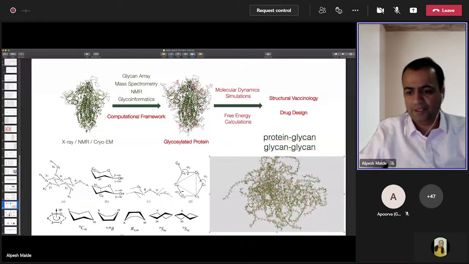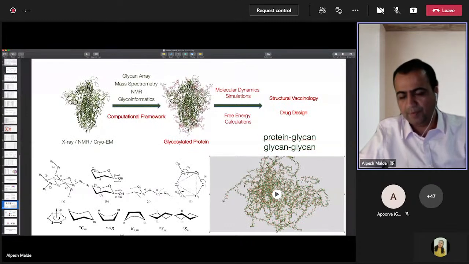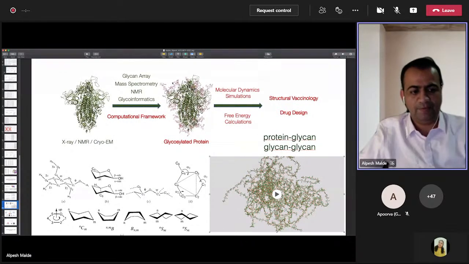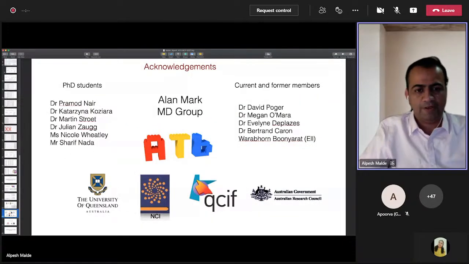And this is how the sugars would wiggle by themselves. And what we are interested in is how the sugars wiggle around the protein and affect the binding of the protein.